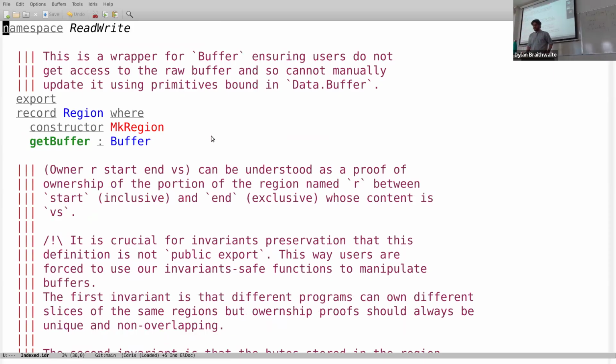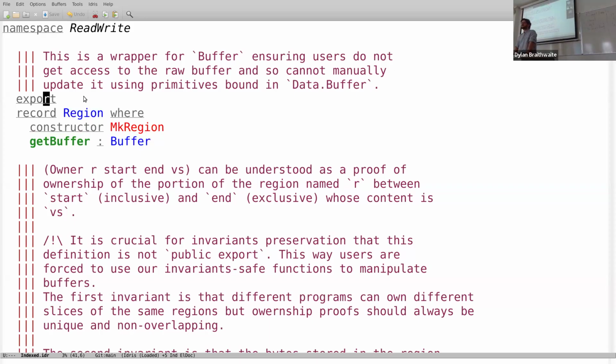Right, so the first thing is that instead of having sets of labels, and sets are always a bit annoying to manipulate, we have this notion of region. The idea is that it's a region in memory that contains some data you can talk about. And this is just an alias around a buffer.